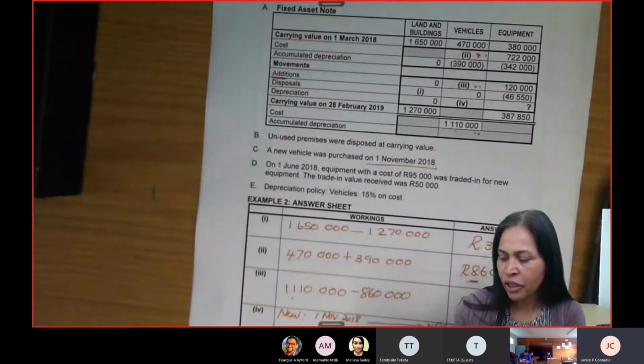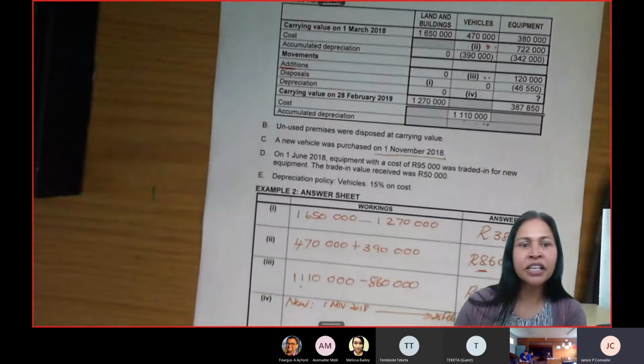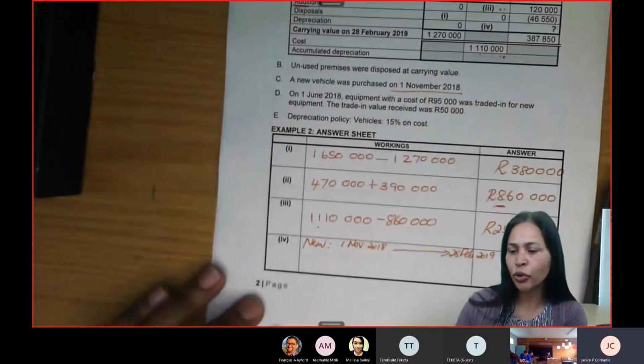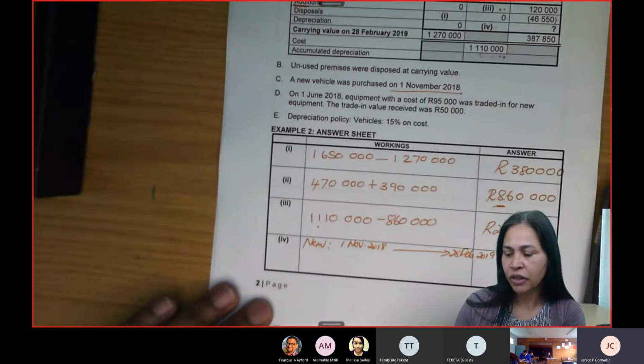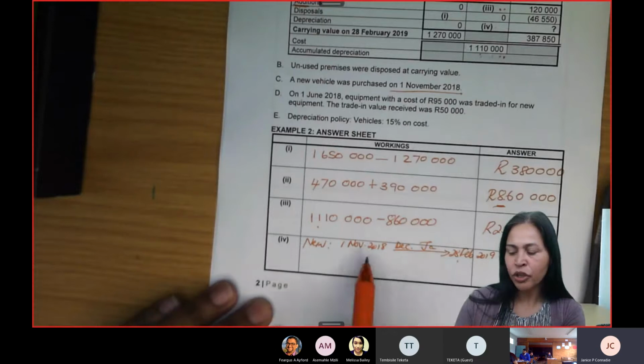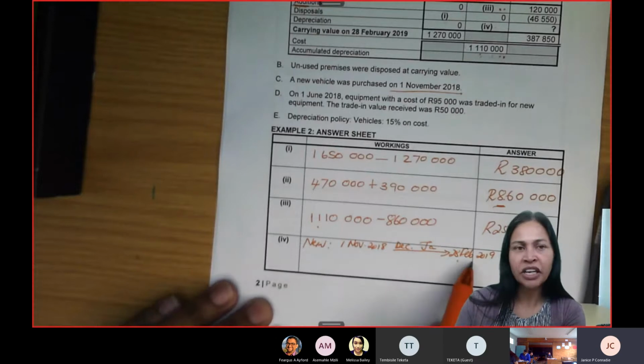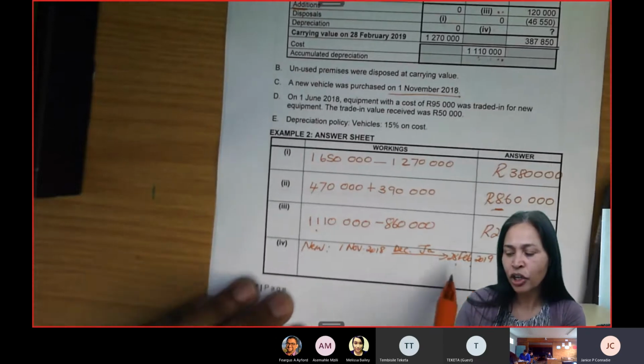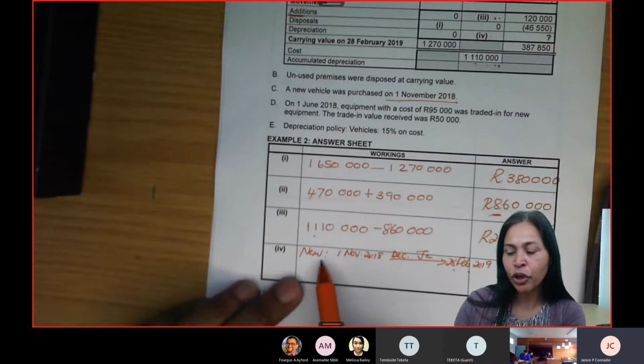So now you need to determine for how many months you have used your new vehicle. So it's November, December, January, and February. So it's 1, 2, 3, 4 months. You now have to calculate the depreciation for the new one only for the 4 months.